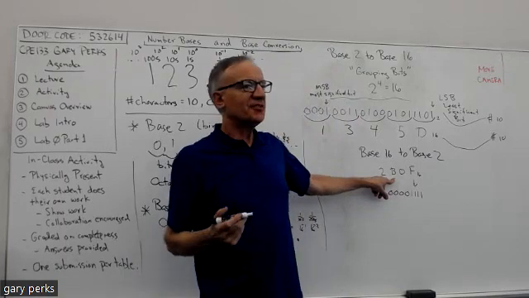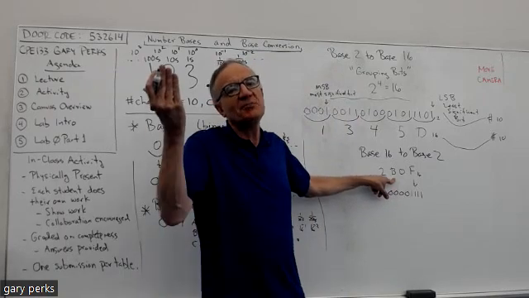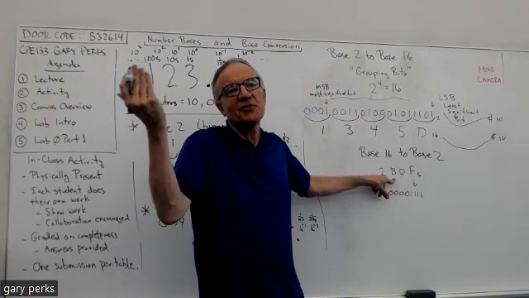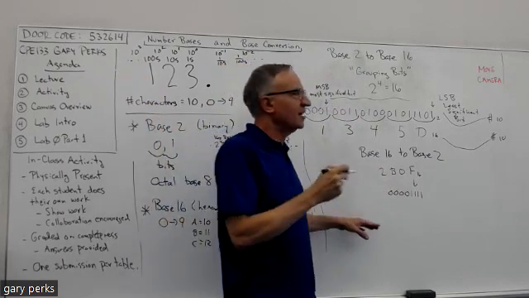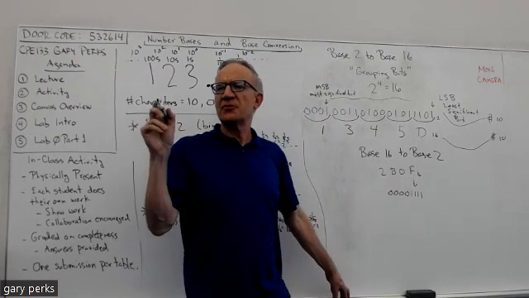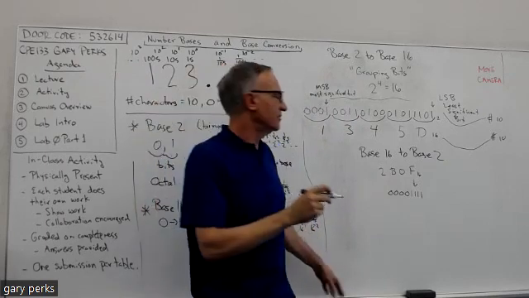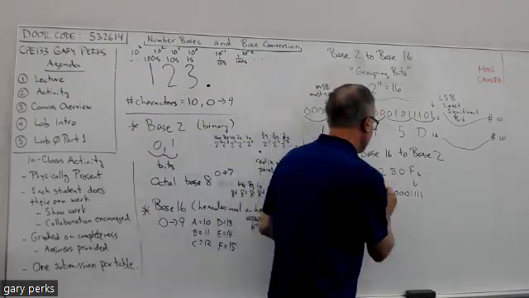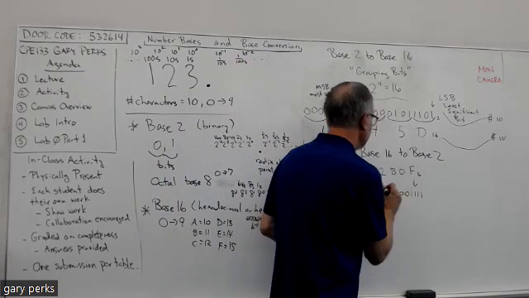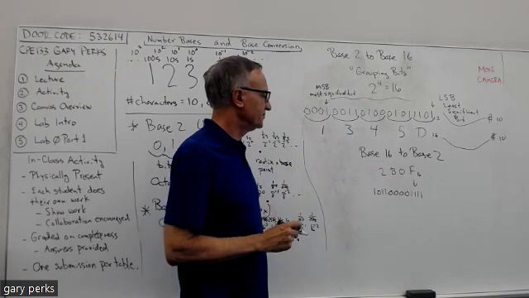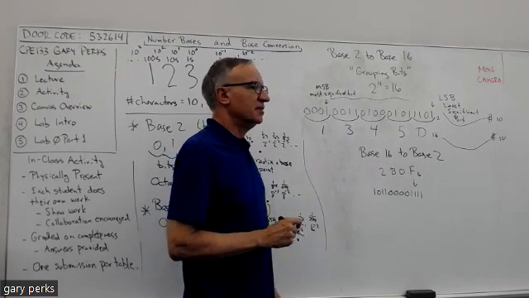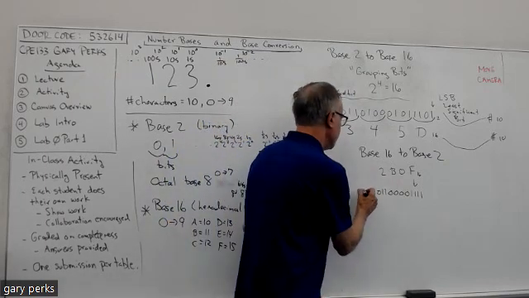Okay, how about B? What are you going to write for B? Because what's B in base 10? 11. So what's 11 in binary? 1 0 1 1. Okay, and then how would we write the 2? 0 0 1 0.